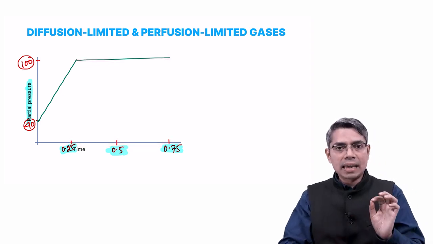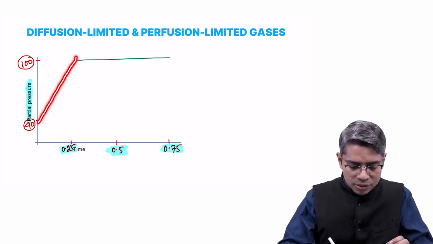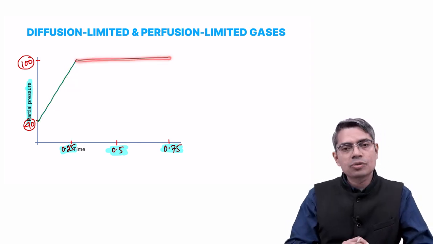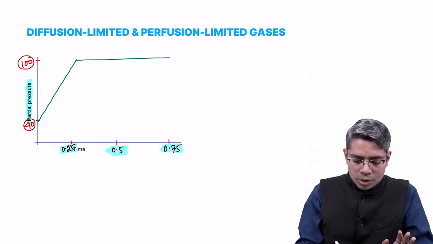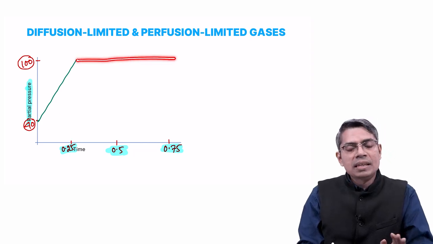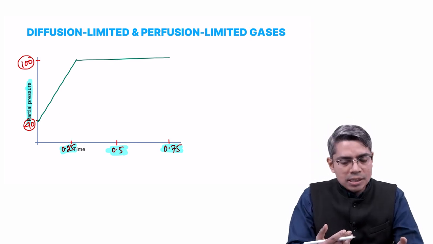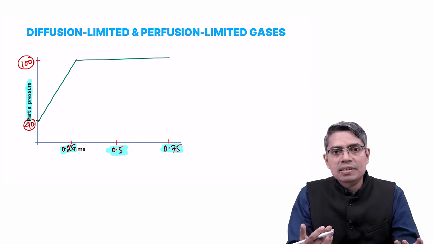That means oxygen exchange is happening only during the first one third of transit time. During the remaining time, there is no transport of oxygen from alveoli to the capillary blood. During this remaining portion, I cannot increase the oxygen diffusion, because there is diffusion equilibrium. The partial pressure between alveoli and capillary is the same.